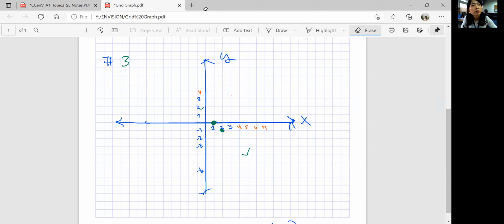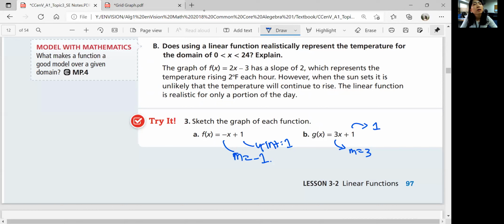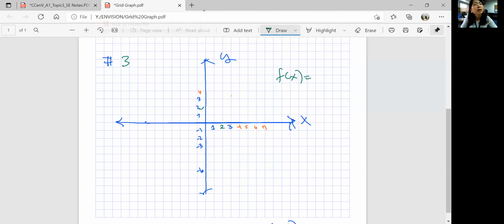Okay, your function was g of x equals 3x plus 1. Okay, that's 3B. So your y-intercept is 1. Your slope is 3.